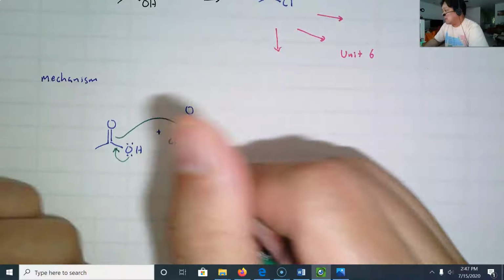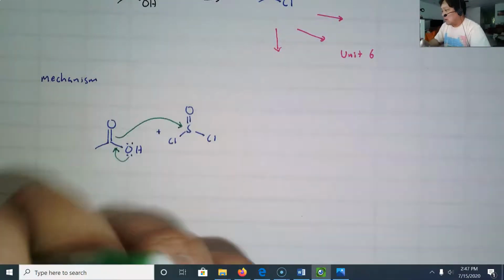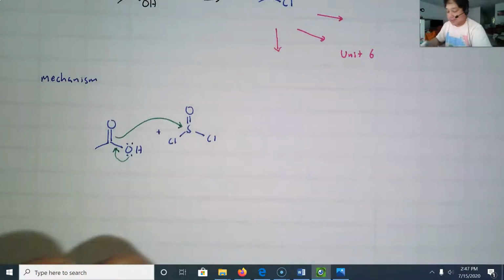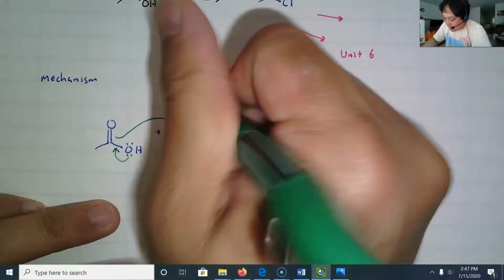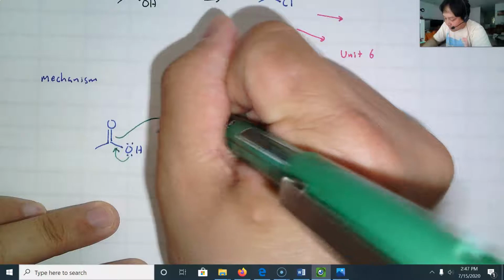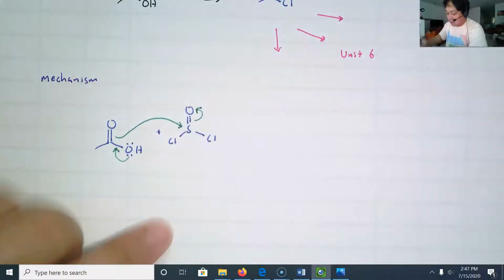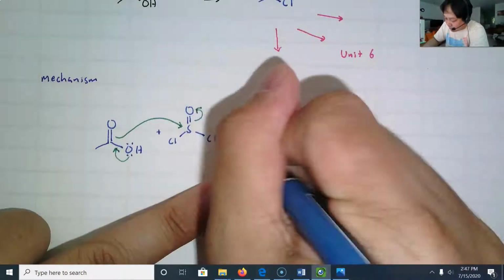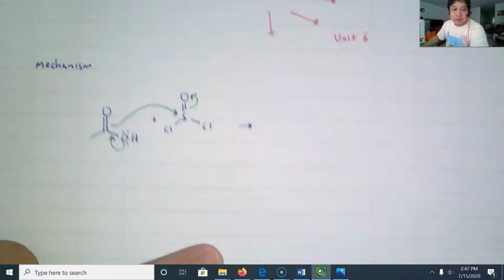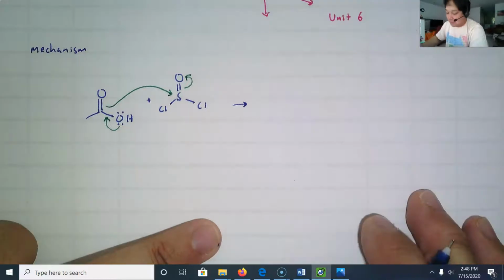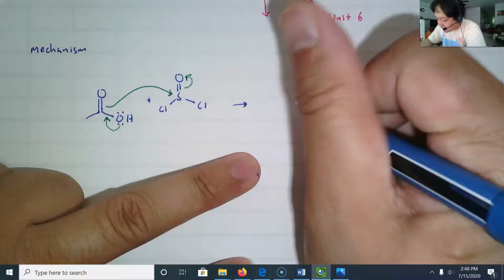Now, I know that some websites show the chlorine leaving at this point, but in actuality, you should push up the pi bond to the oxygen up there, and you have this pretty large complex. Can you predict what the result will look like based on my three mechanism arrows?